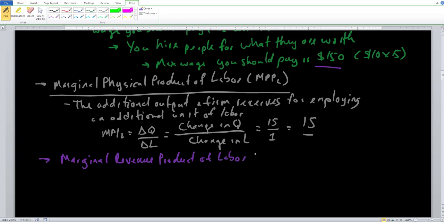So marginal revenue product of labor, we can denote this shorthand MRPL. This tells us how much additional revenue we receive from hiring one more worker. So when we hire this one worker onto our farm, how much in money and dollar amounts is he bringing in value to the firm? So how much additional revenue.